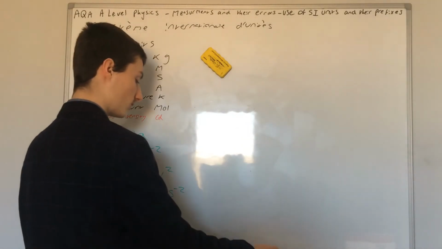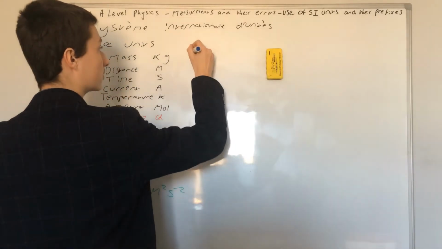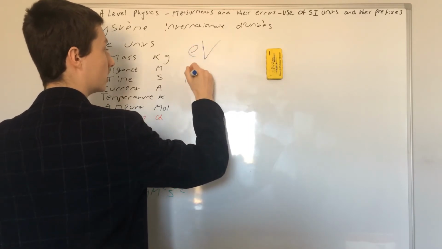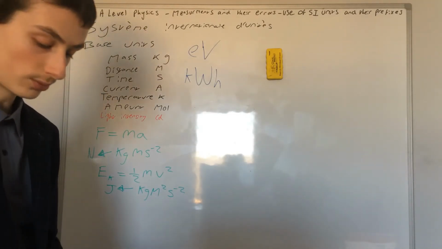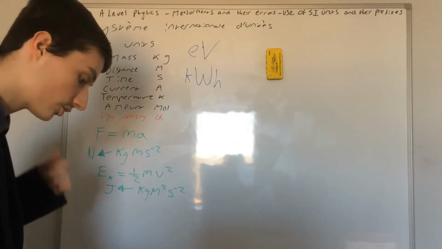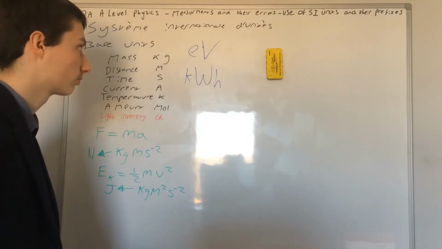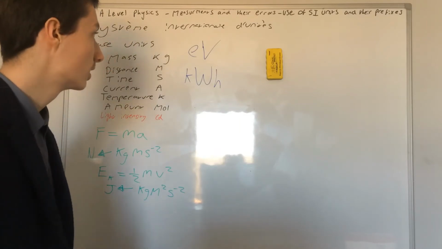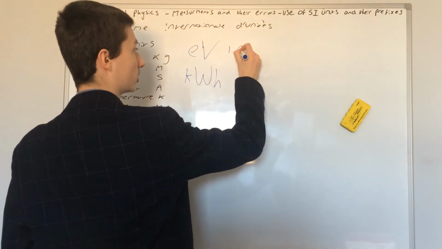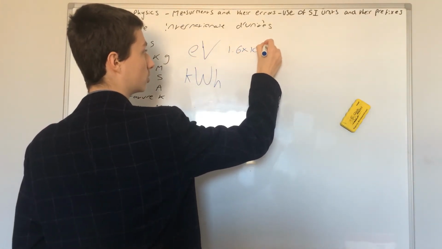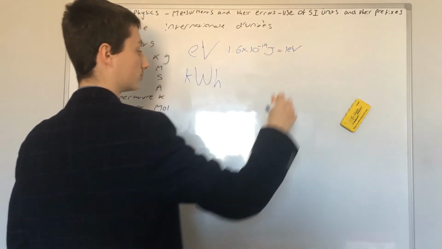Electron volts and kilowatt hours. Electron volts, we'll come on to that later in the electricity part. 1 electron volt is the energy required to accelerate an electron through 1 volt of potential difference. That can be written as 1.6 times 10 to the minus 19 joules equals 1 electron volt.